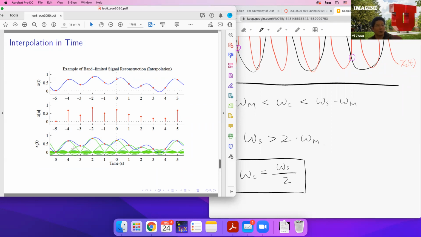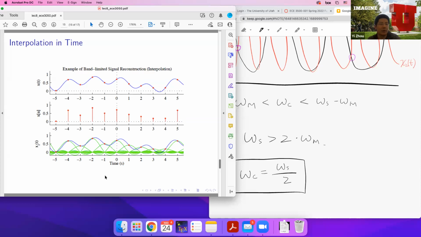And in the end, you add up all these green lines. Each green line is a sinc signal. You add up all these sinc type signals. Their superposition will generate this blue signal, which is exactly the original continuous time signal.